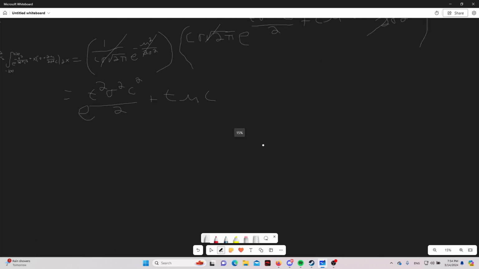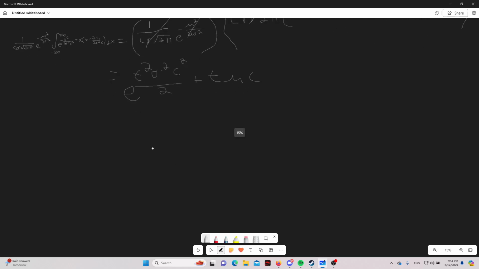And at first, this might not seem like much, but the MGF of a normal random variable, let's just say x, if x is normal, so if x is distributed with mean mu and variance sigma squared, the MGF is e to the t squared sigma squared over 2 plus t mu.